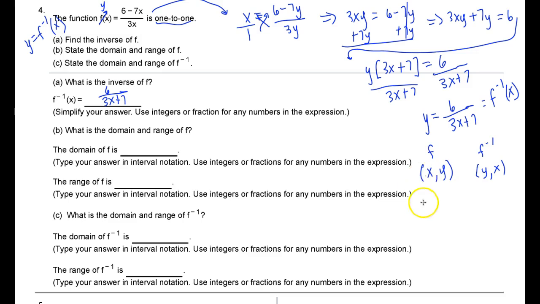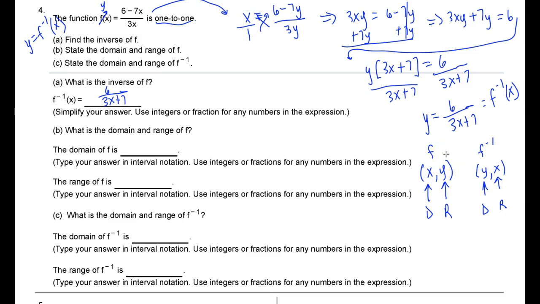So what this tells us here is that the domain of the original function is all the x values, and the range of the original function are all the y values. For the inverse function, it is just the opposite since we switched everything. So the domain is whatever the y values for the original function are, and the range is whatever the x values were for the original function.